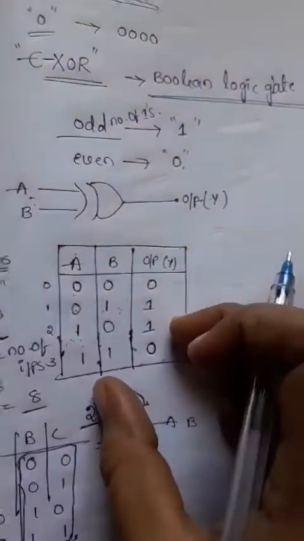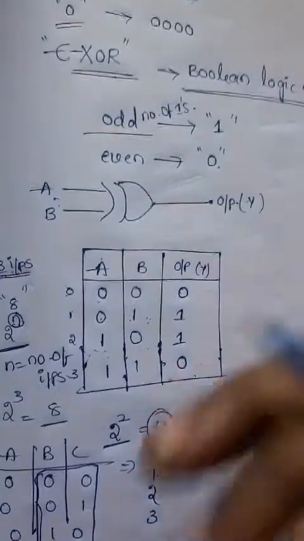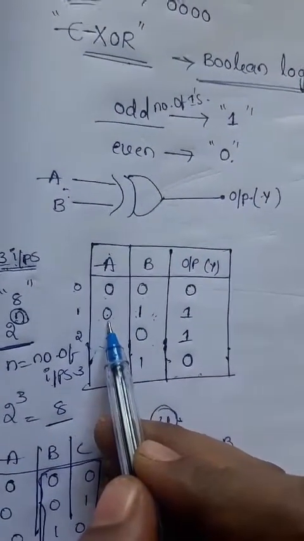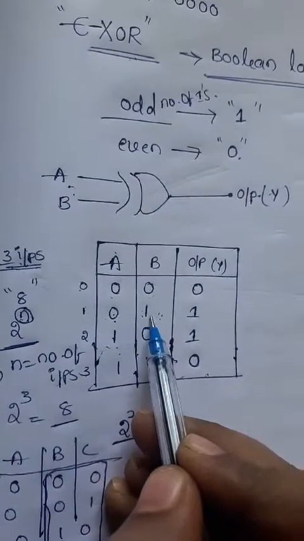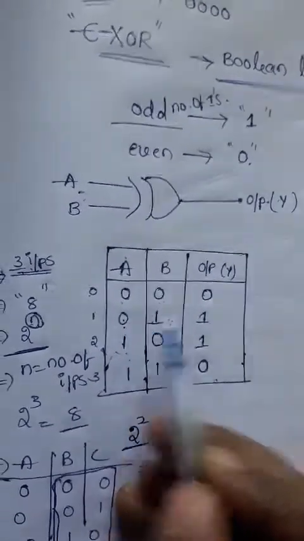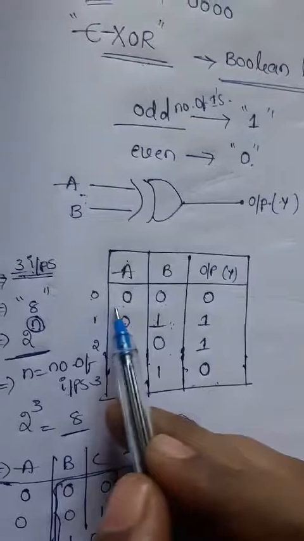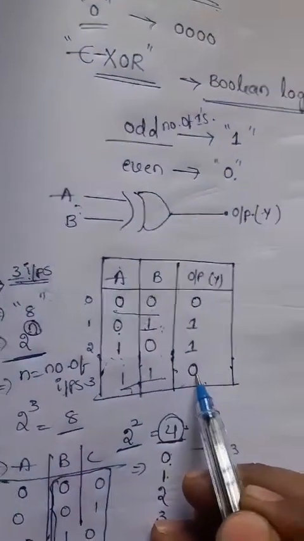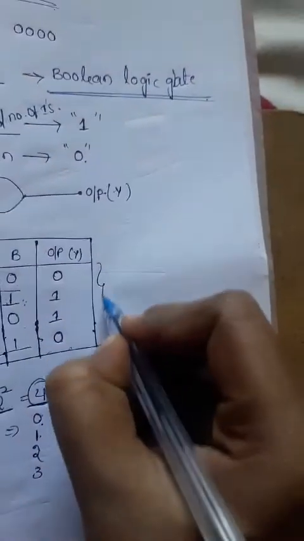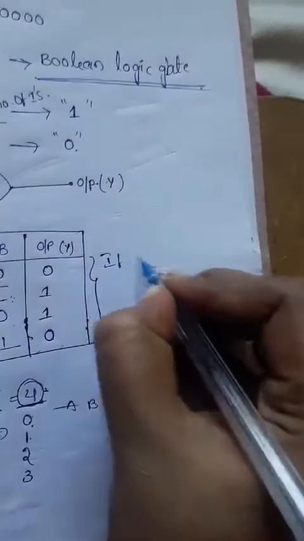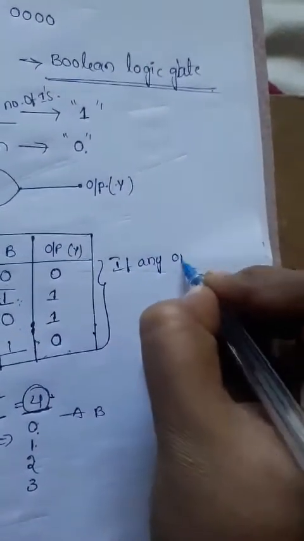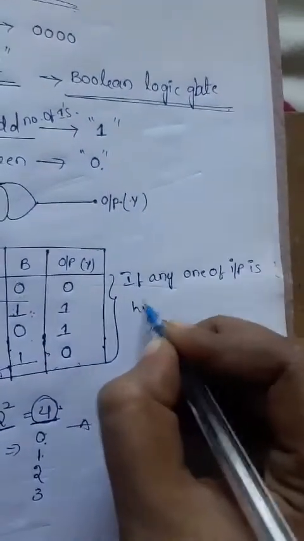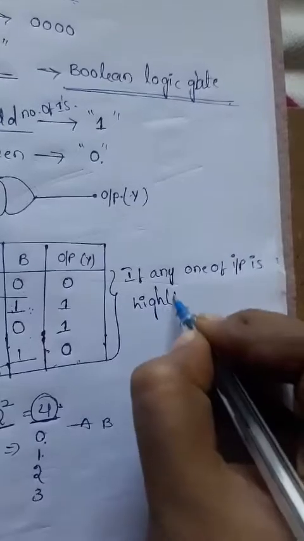Or otherwise we can say it like this also: if any one of the inputs is high, the output is high. If the two inputs are the same, the output is low. So what is the output operation? If any one of the inputs is high, and high is always 1, no?